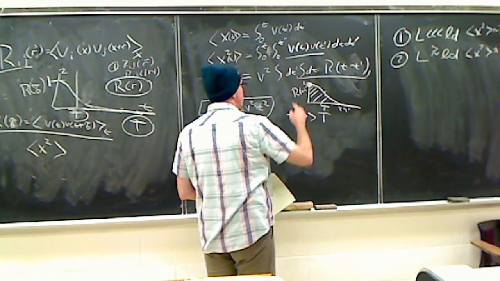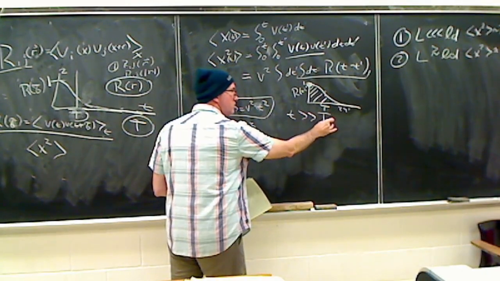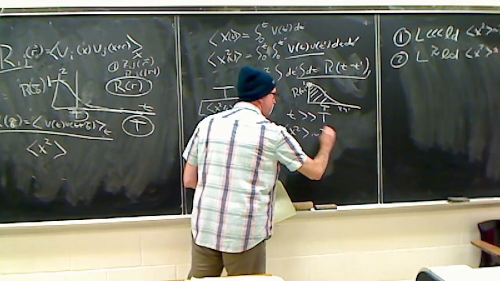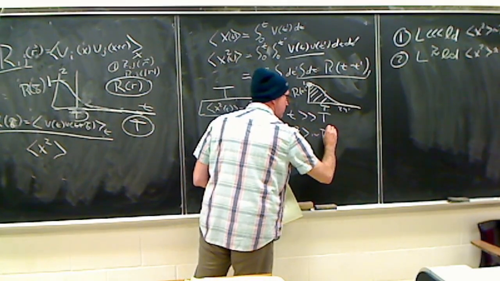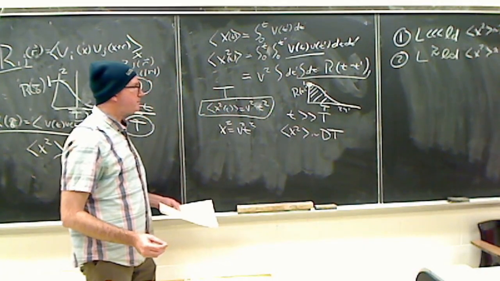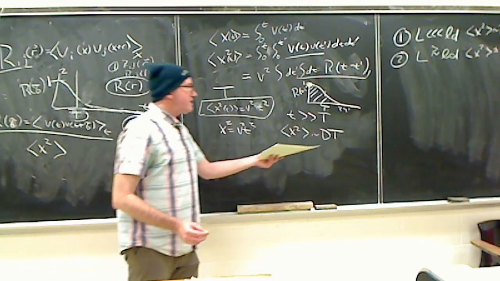And then the second integral gives you another t. So then when t is much larger than the correlation time, then x squared goes like d times the correlation time, big T. This is slightly different behavior.